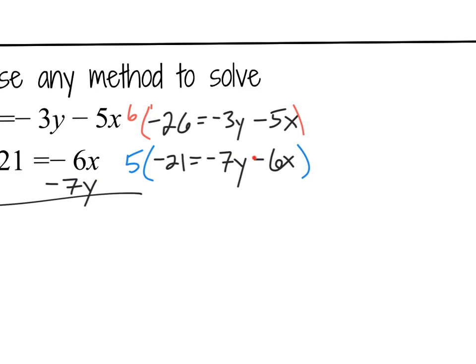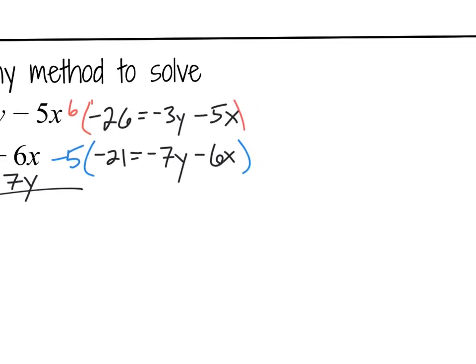I think that I will multiply the bottom one by a negative 5. So once we get that started, we wind up with, let's see, negative 5 and negative 21 is going to give me a positive 105 equal to a positive 35y and a positive 30x.